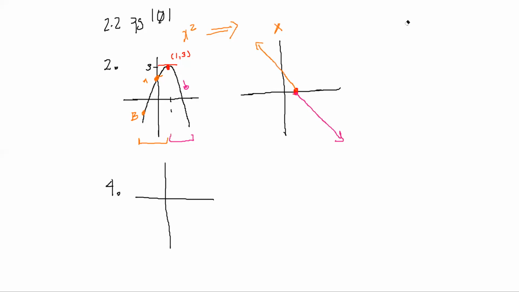Okay, let's take a look at number 4. Periodic functions, good times. I want to get this to look about right. So I think that looks approximately right. All right, so this is like, what, 1.5?